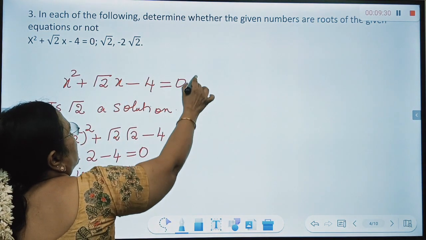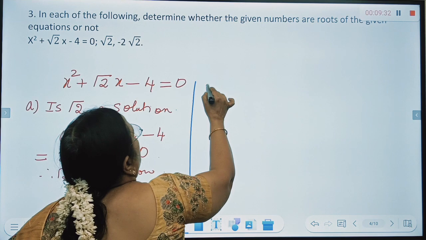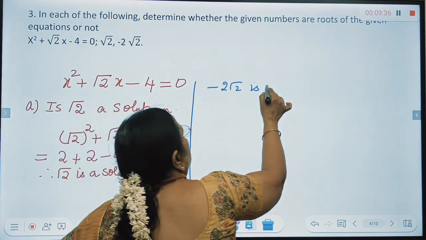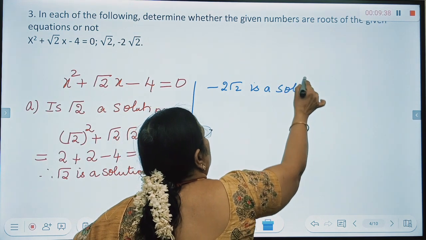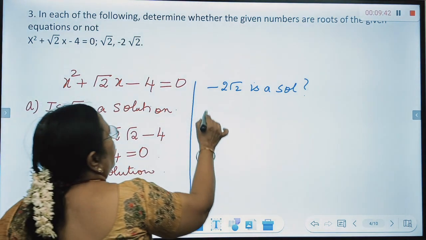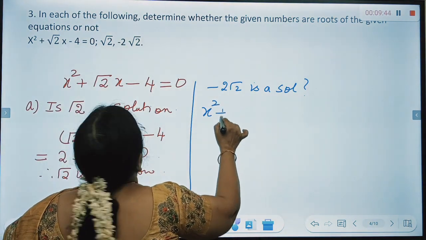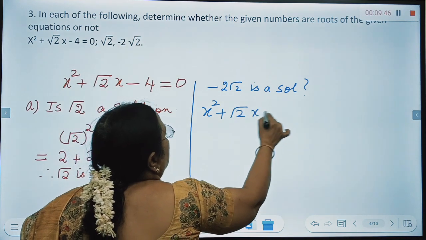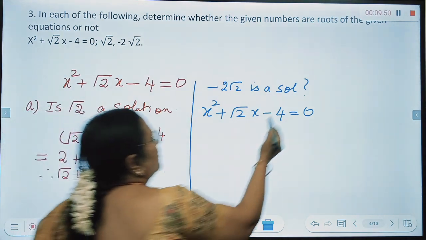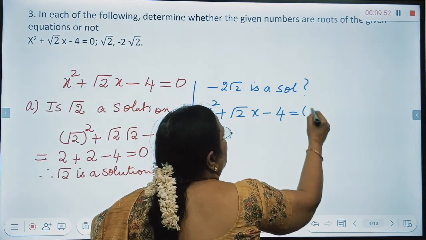Now, next you have to check whether minus 2 root 2 is a solution. Okay, so the equation is x square plus root 2x minus 4 equal to 0. I am going to replace x with minus 2 root 2.